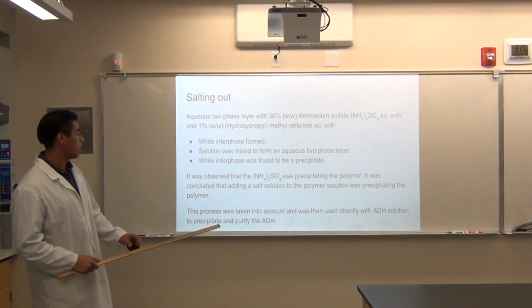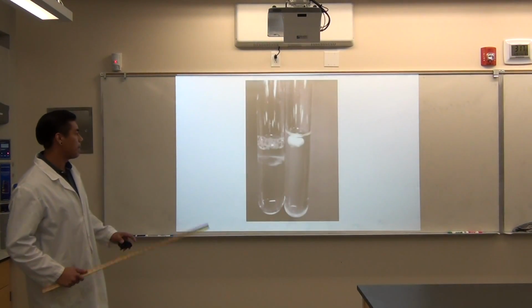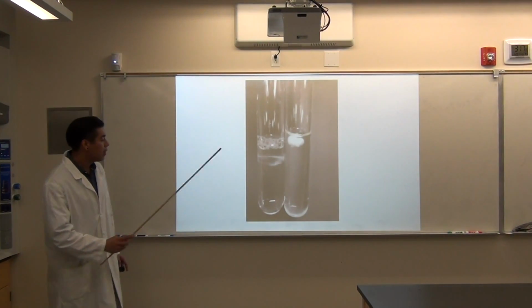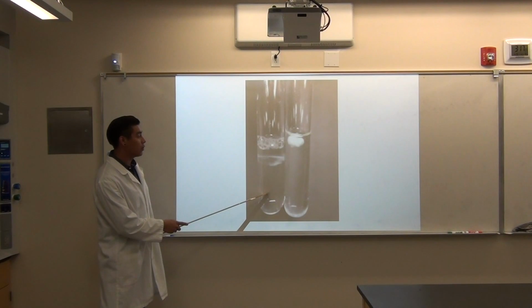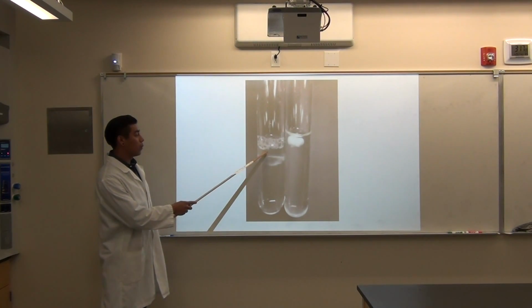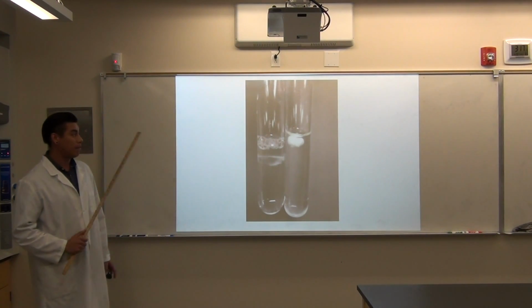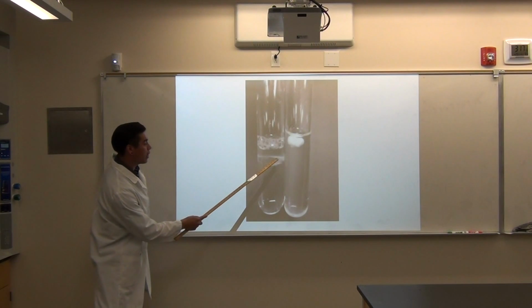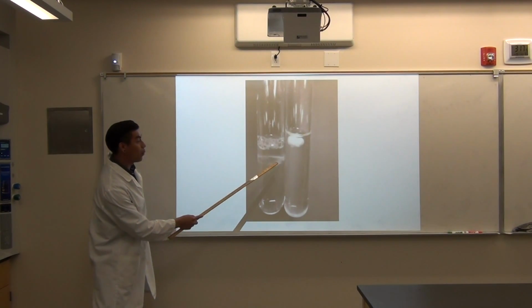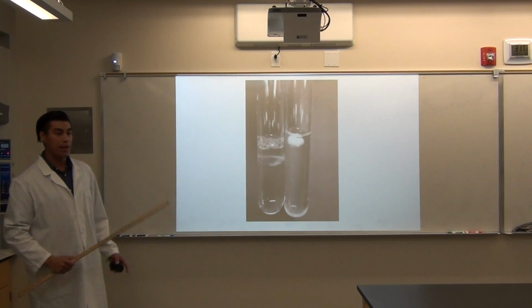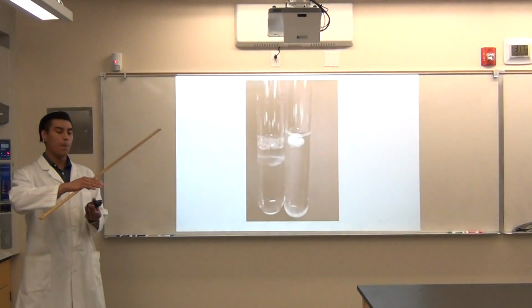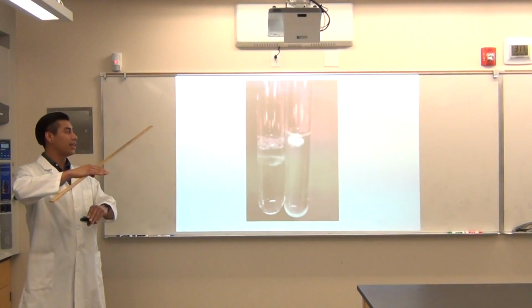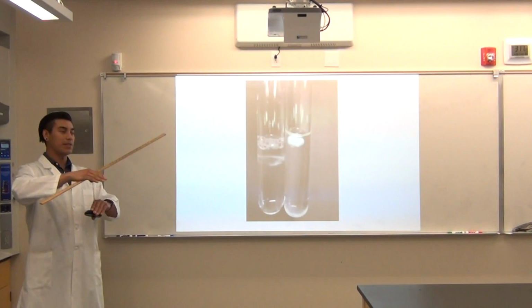Yeah, this is a picture of what happened. This right here is the salt solution added with the polymer solution. And this right here is the white interface that's causing the partition of those two-phase layers.